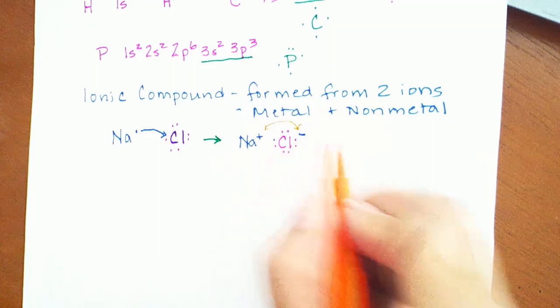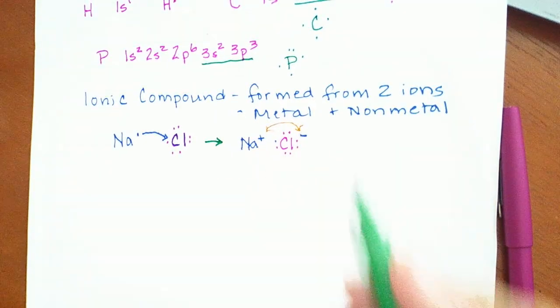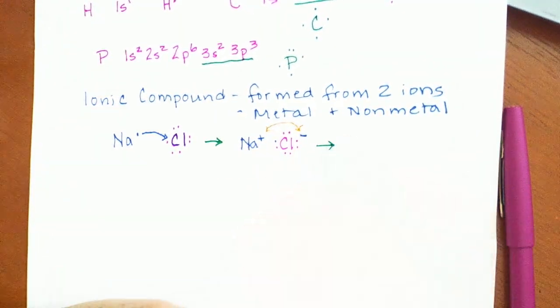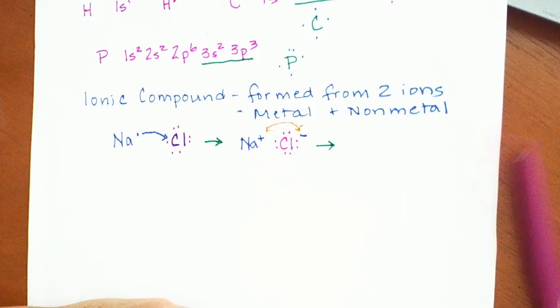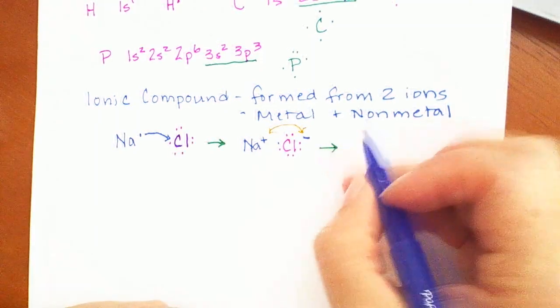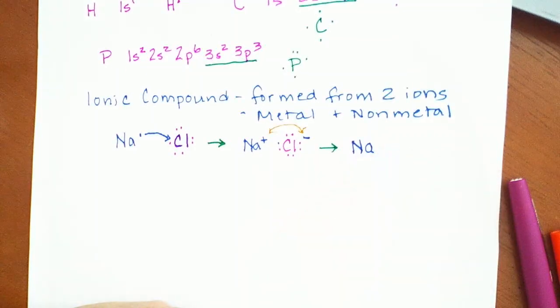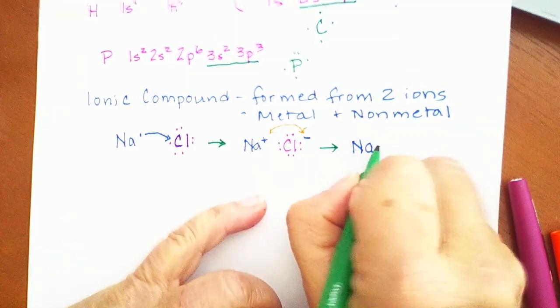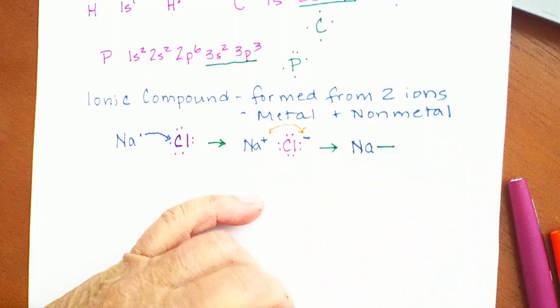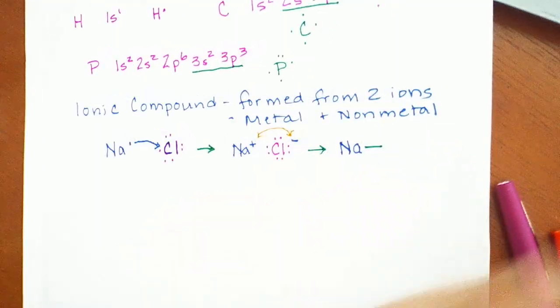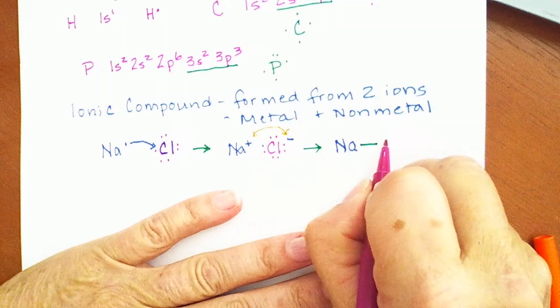So they form a bond, and what their bond looks like is this. So you have sodium, and then you have this bond between them, and then you have chlorine. I'm getting my pens all mixed up here. And then you have chlorine.